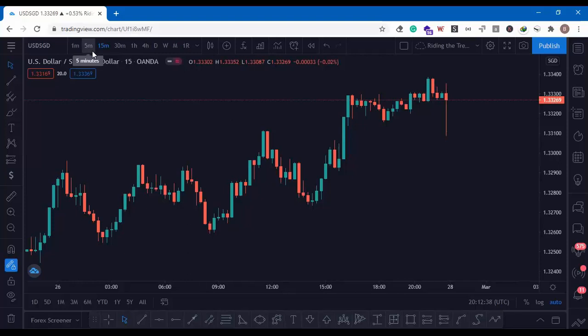The next group of traders that we have are day traders or intraday traders. Now, their name is quite similar to what they do. They trade within the day, basically. So they are not as fast as scalpers, but they are also within the day.